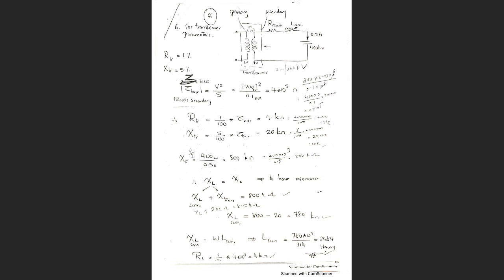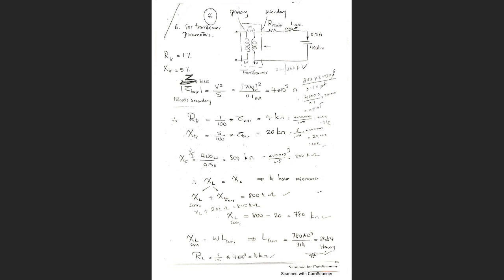So here, first we have to calculate the Z base, that is the impedance base. Why do we calculate this base value? We have to convert these percentages into actual resistance and reactance values. Impedance we can calculate as V square by S, where S means apparent power.